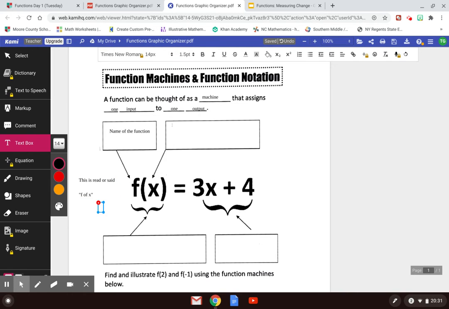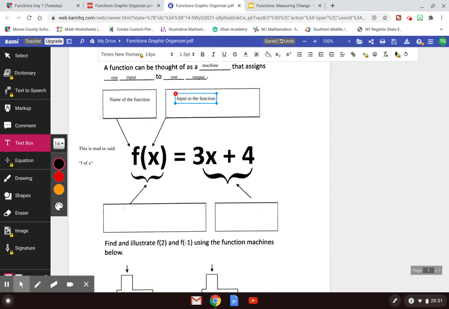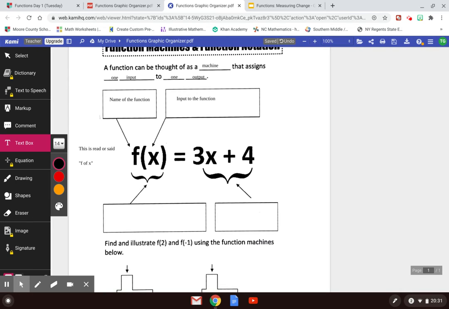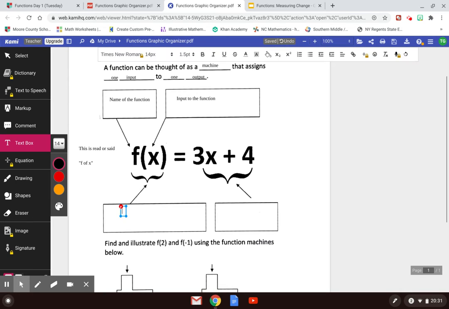Okay? So the x is going to be the input to the function. So any number you choose to input is going to go here. And then this entire portion over here, the f of x, is going to be what we call the output of the function.